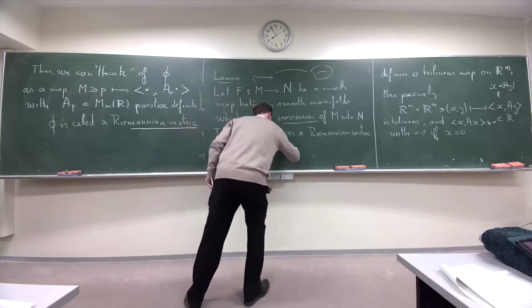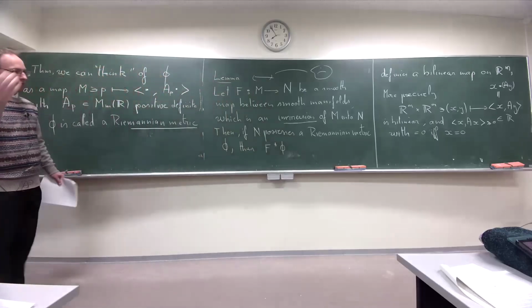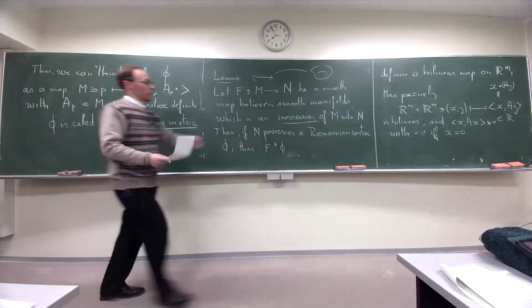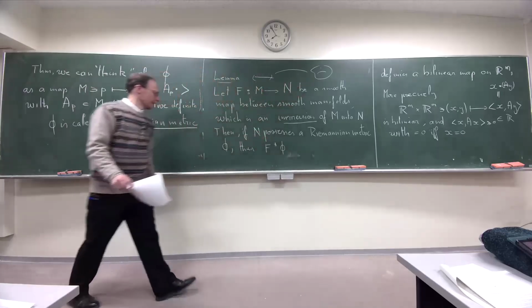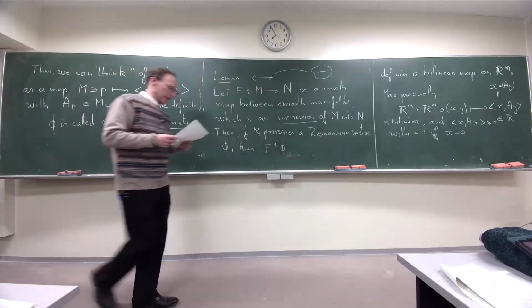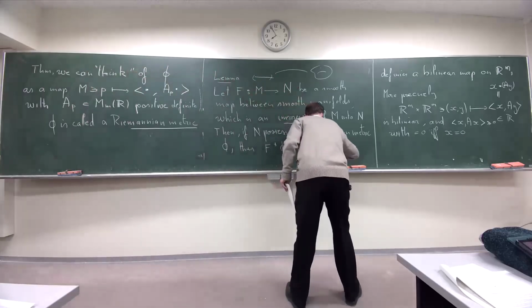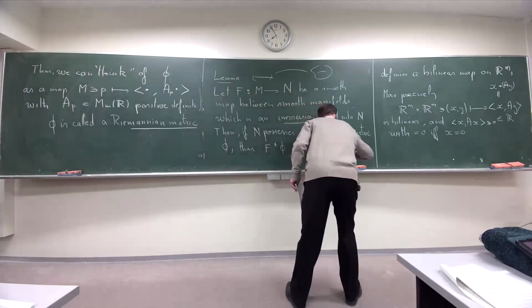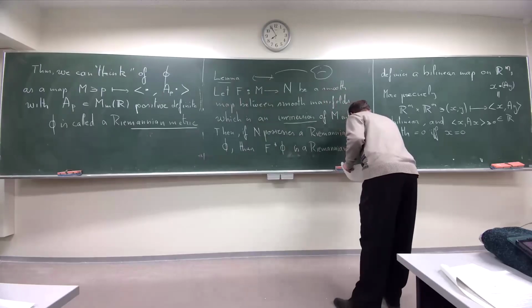We have to come back for tensor fields. We have to bring back from N to M. Then this pullback is a Riemannian metric on M.